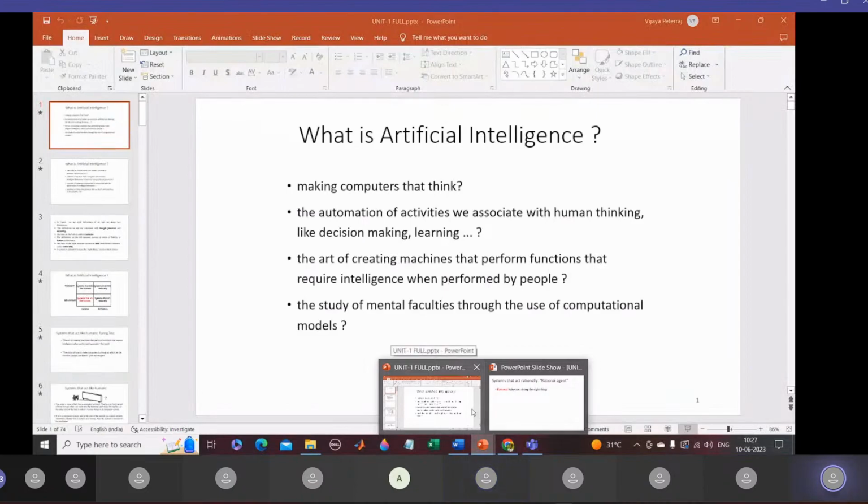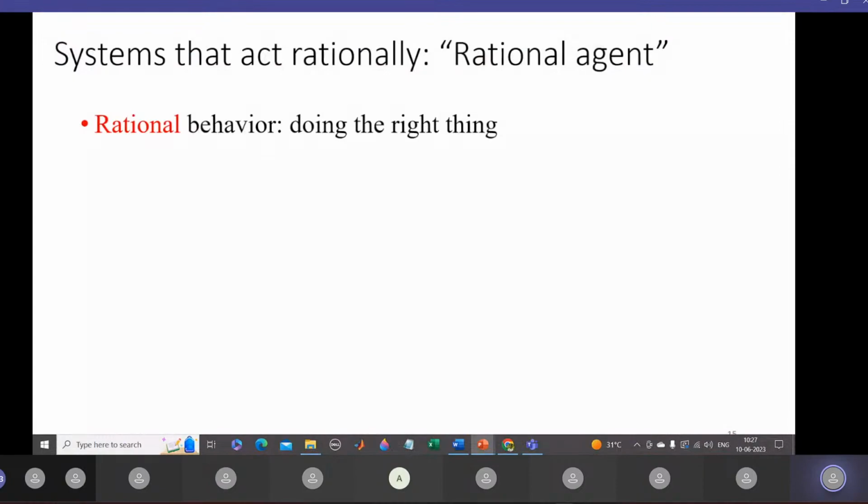What is the difference between doing the right thing and doing things right? Anyone? What makes the difference, ma'am? Right thing and things right?